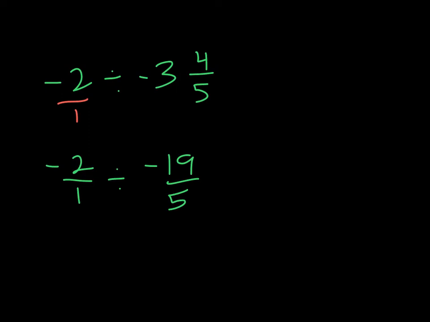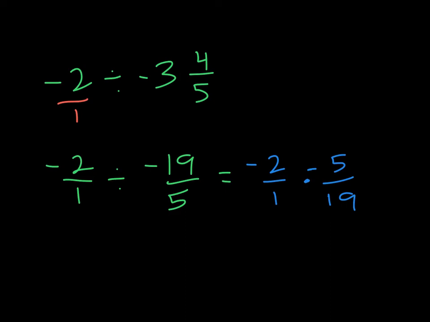So remember, I'm going to keep the first fraction. So I'm going to say negative 2 over 1. I'm going to change my division sign to multiplication, and I'm going to flip the second fraction. All right, I cannot cross cancel between 2 and 19 because 19 is a prime number, and 5 and 1 are already in their simplest state.